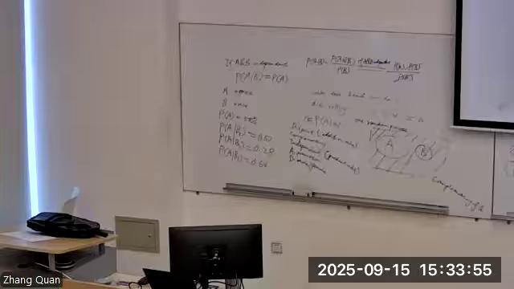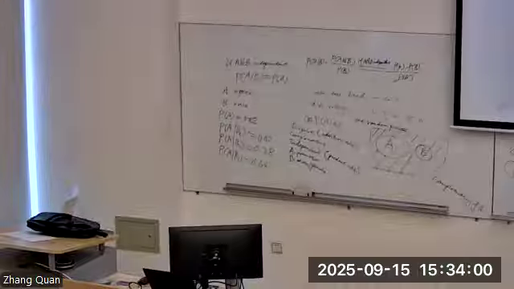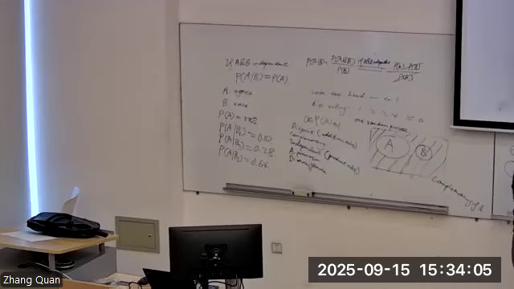We can instead use A as a condition. If we then connect the right-hand sides, because both of them equal P(A and B), we can say P(A given B) multiplied by P(B) equals P(B given A) multiplied by P(A).